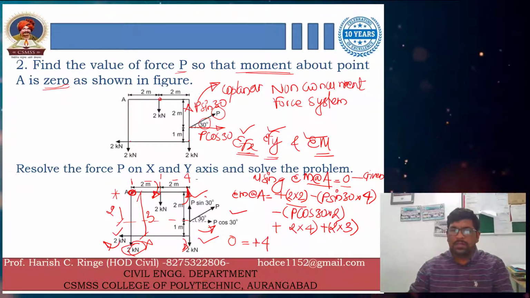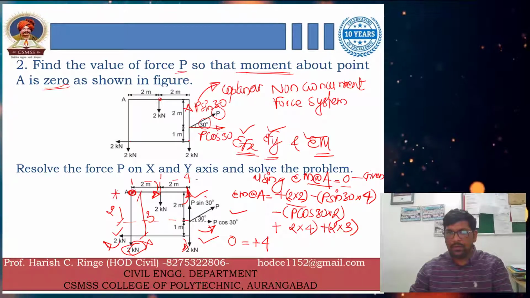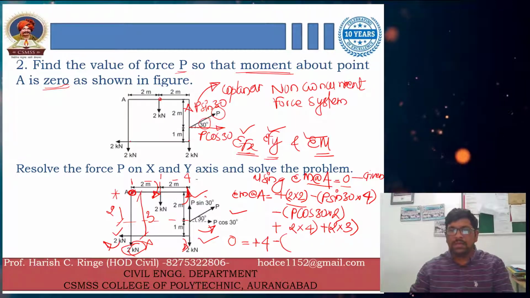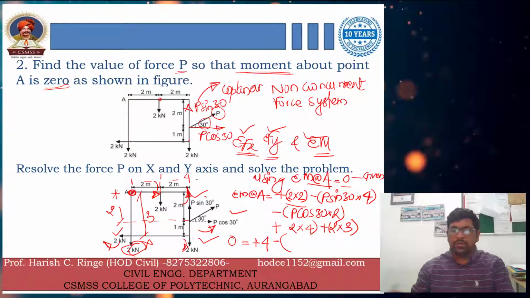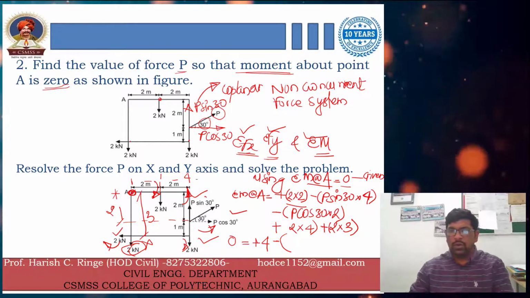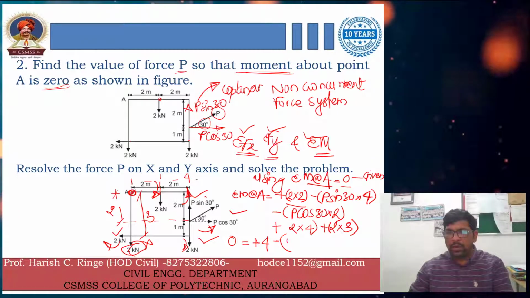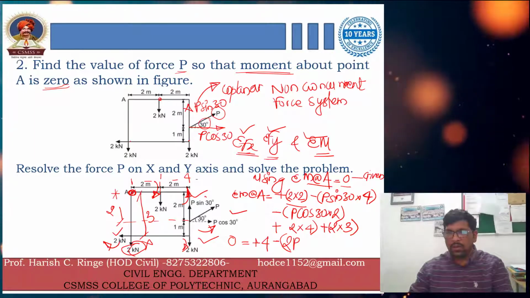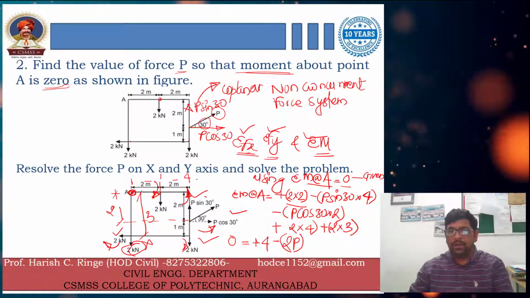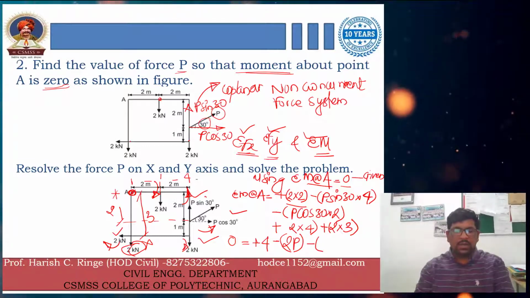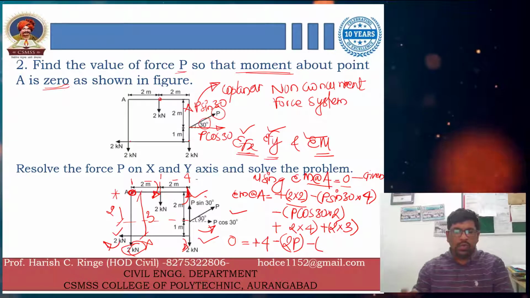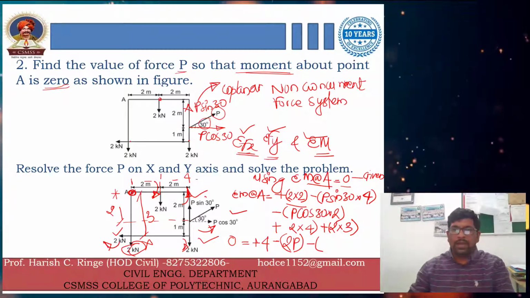Okay, so I will just write down instead of writing out these particular things. Plus 4 minus sin 30 into 4. So sin 30 into 4, which gives me 2 value, right? So this will be a 2p over here. 2p, after that minus cos 30's value is nothing but cos 30 is nothing but 0.86 into 2, so it will give me 1.73.